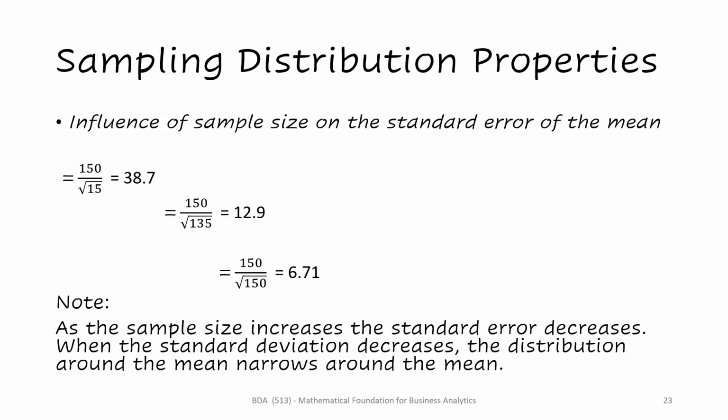That is why in research, especially quantitative research, they want you to have a large sample size so that you can generalize your conclusions better. So we see a relationship between sample size and the standard error of the mean: the bigger the sample size, the lesser the error.